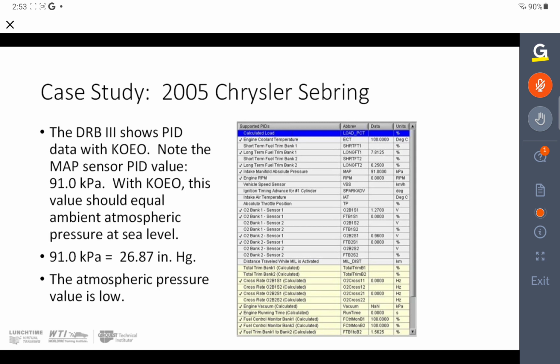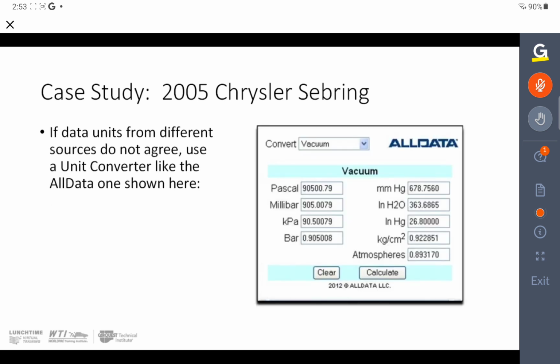This vehicle was at sea level, and it didn't think it was at sea level because of the barometric pressure. This is that conversion calculator that I told you about that you can get on ALLDATA or Mitchell. You guys have probably used that before. If you don't understand what unit of measurement the manufacturer is showing you, a calculator like this can be very helpful.